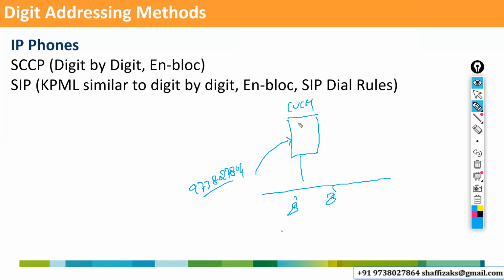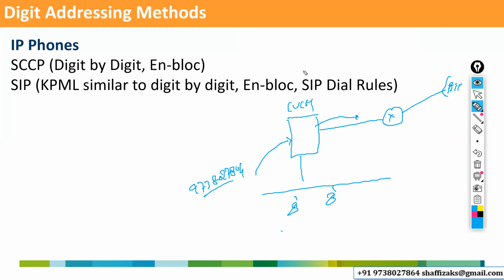In the call manager, it checks what type of number this is. It's an internal number or external number. Oh, it's an external number. Okay. Then it has to be sent to the gateway. From the gateway, it has to connect to the PSTN. That's how the call manager understands, oh, this is an external number, I have to send it to the gateway. This is how the process happens.